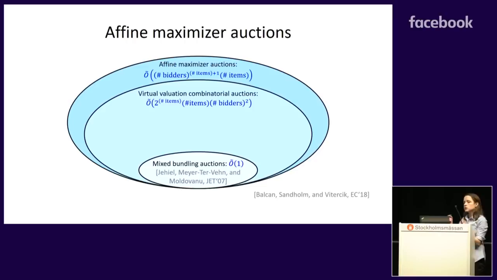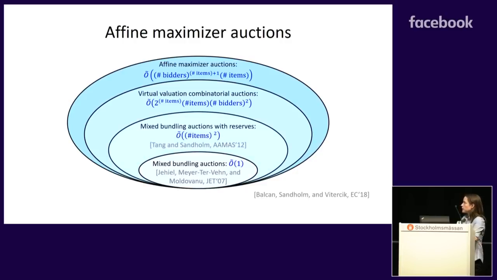In mixed bundling auctions, you are only allowed to boost those allocations where some buyer gets the grand bundle, gets all of the items. So you'll have a very constrained optimization space. And then there are also classes that sit in between this very simple class of mixed bundling auctions and the more general classes. And these also have relatively nice pseudo-dimension bounds.